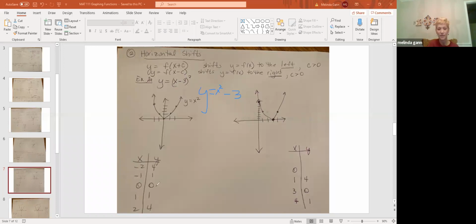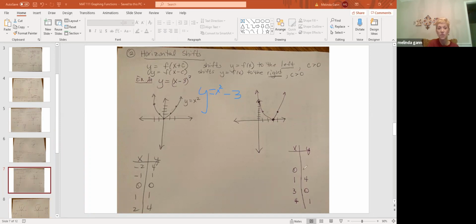See, look what happens. If I put a 1 into this graph right here, 1 minus 3 is a negative 2. And when I square a negative 2, I get a 4. What happens when I put a 3 in there? Well, 3 minus 3 is 0, and 0 squared is 0. Well, what happens when I put a 4 in there? Well, 4 minus 3 is 1, and 1 squared is 1.